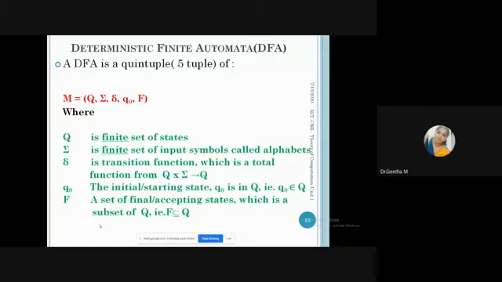These two things are the input to this transition function. Then the output of Q cross sigma to capital Q is again a state, whether we maintain the same state or move on to the next state.